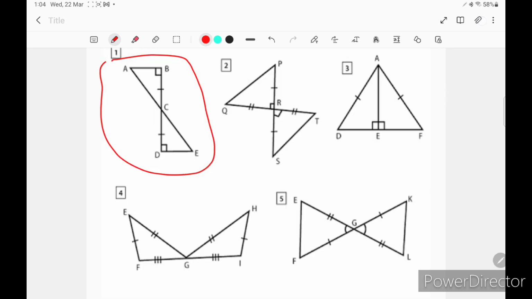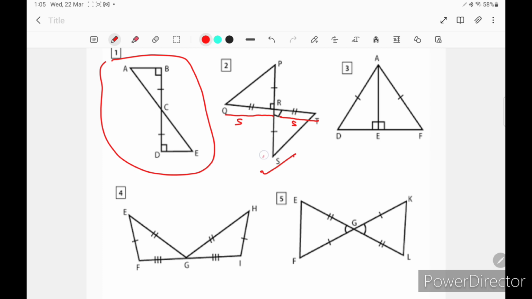Our next question is diagram number 2. I am going to explain this diagram. Now in this diagram the two triangles given are PQR and STR. Here you can see that segment RQ is congruent to segment RT. That means one side is given.